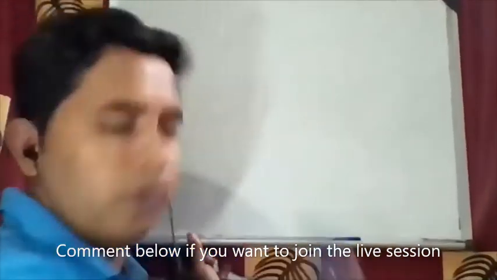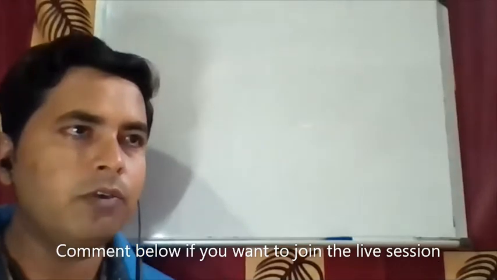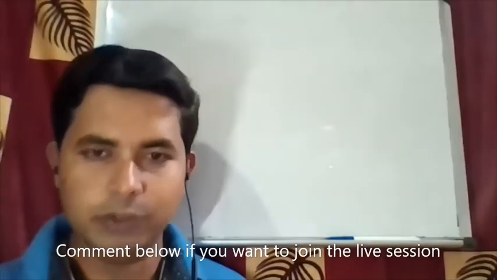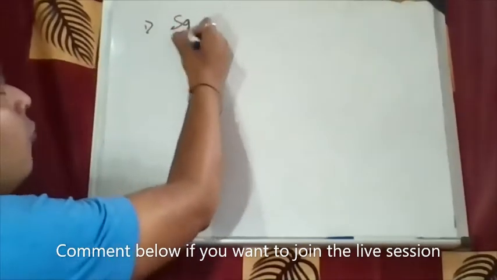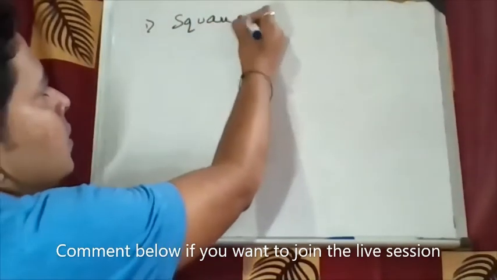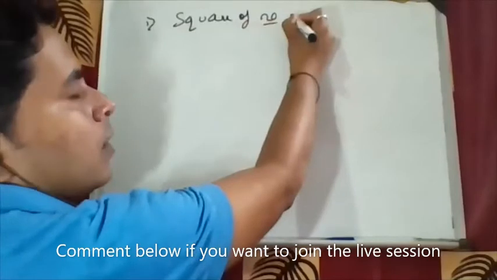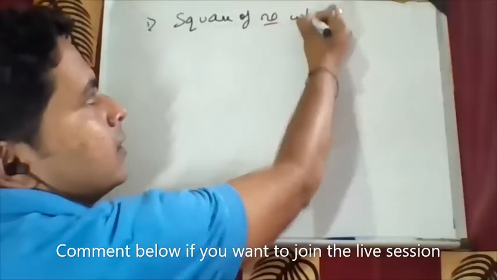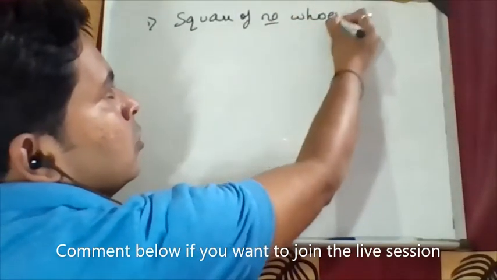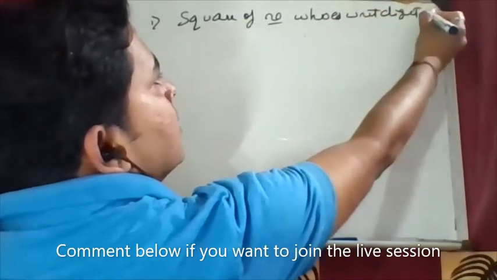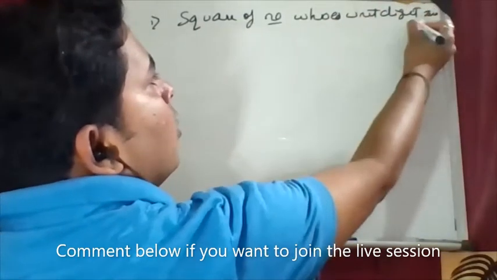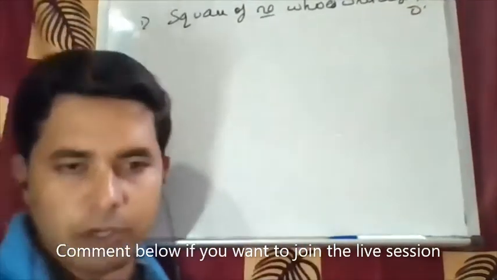If you know these short rules, you can easily find the answers in less time. So first I'll go with the unit digit 0. How to find the square of a number whose unit digit is 0, any number containing 0 as a unit digit.